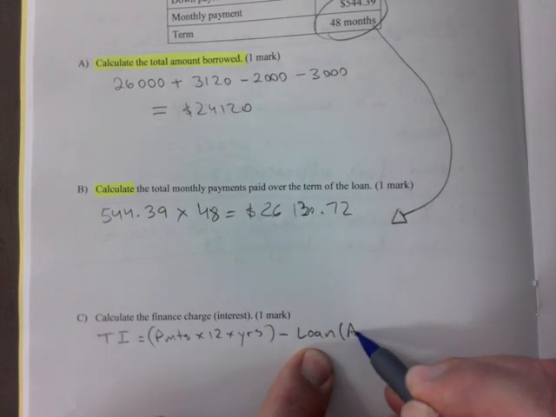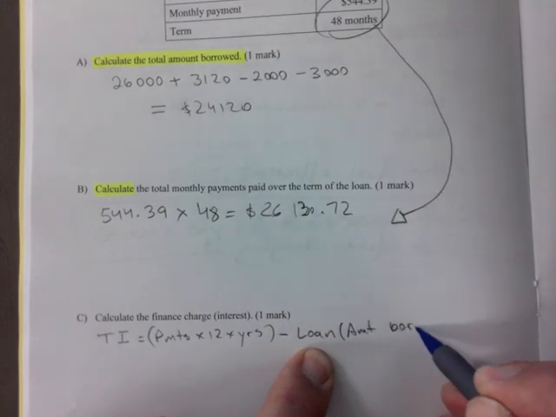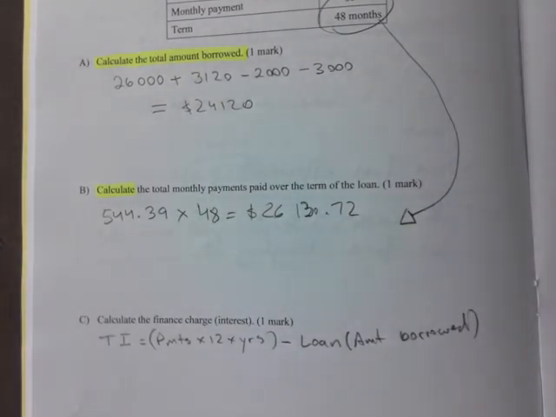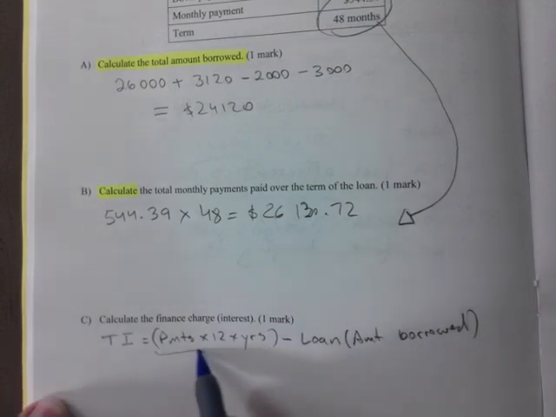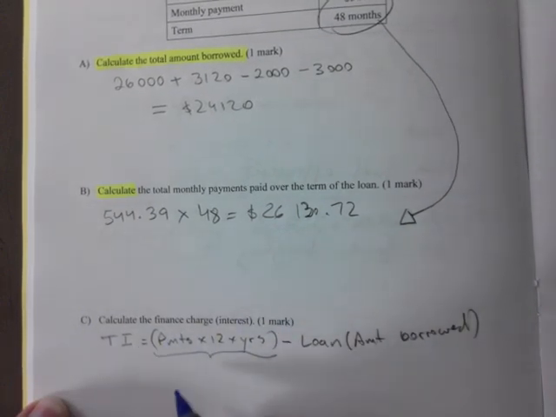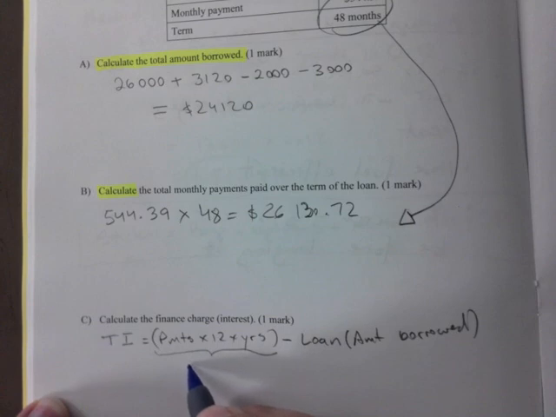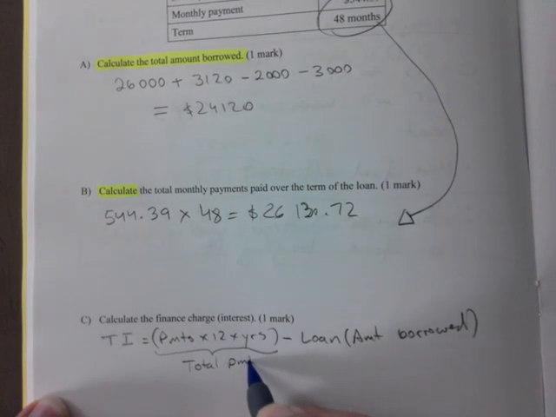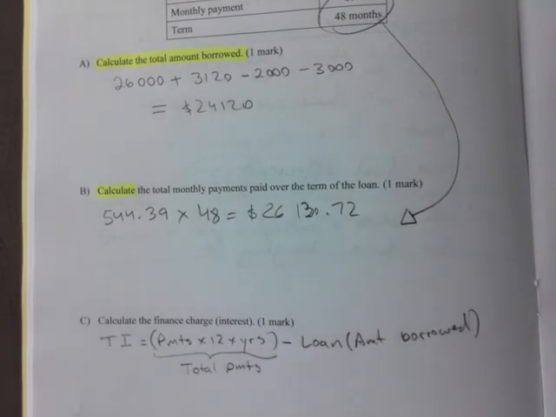This is the amount borrowed. The loan is how much you borrow, right? These are the total payments. You should add that to your formula sheet or study sheet. This is total payments you've made. Total paid to the bank in a sense.